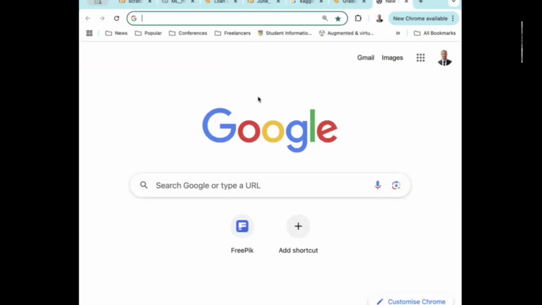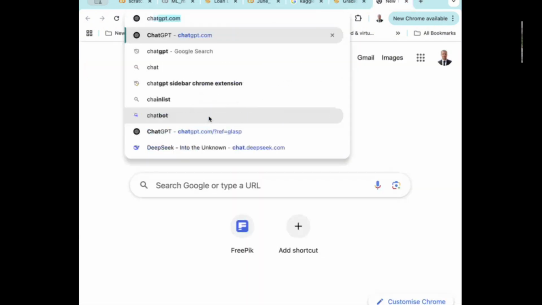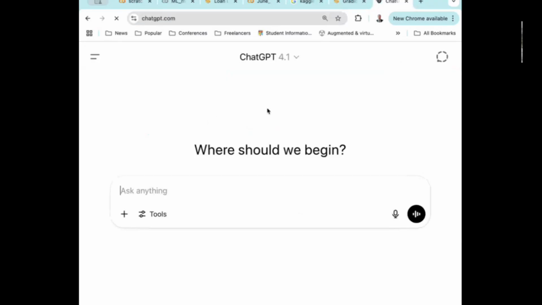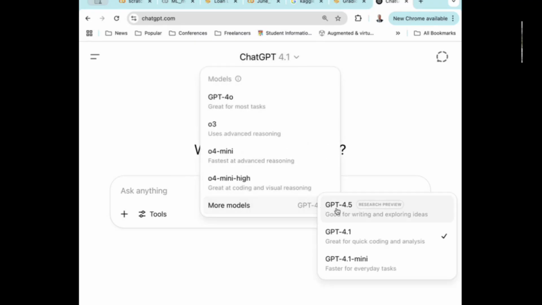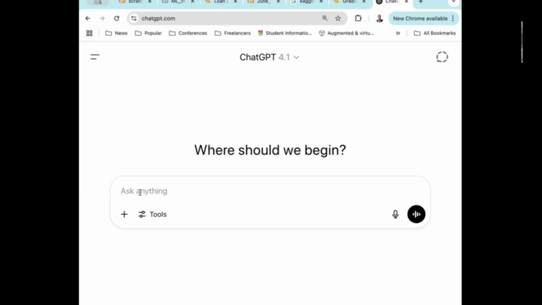All right, ChatGPT, my friend, where are you? Okay, so this is ChatGPT. Then I'm going to use ChatGPT 4.1. This is good for writing and exploring. I think I'm going to, yes, sorry, 4.1 is the one that's good for coding and analysis. By the way, I'm using the paid version of ChatGPT.